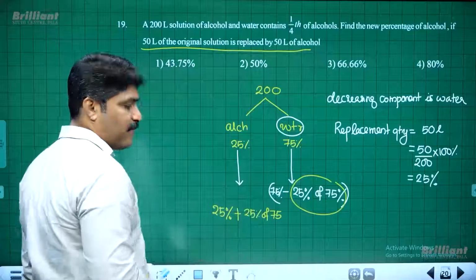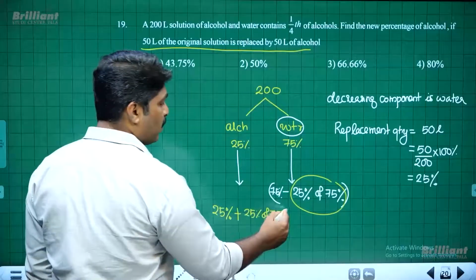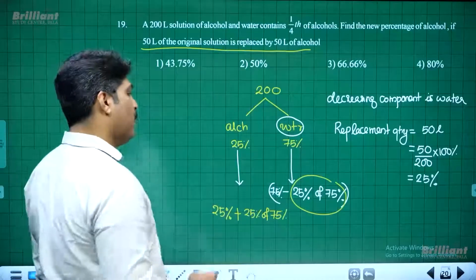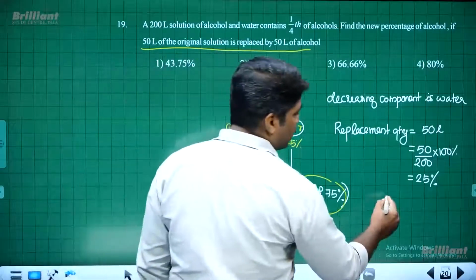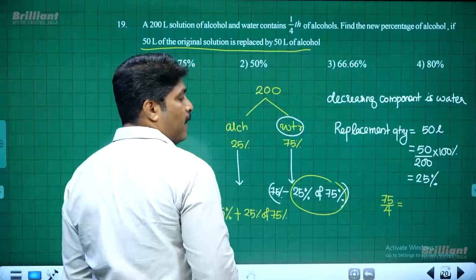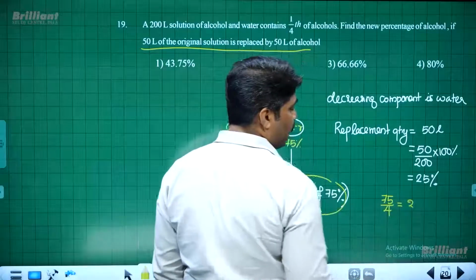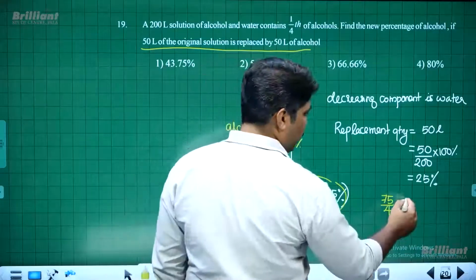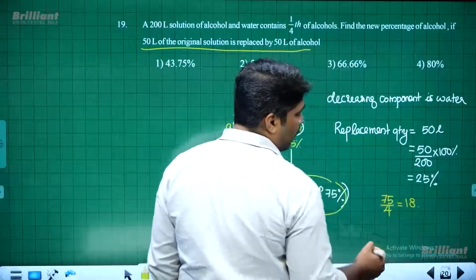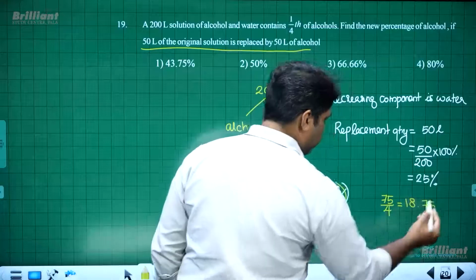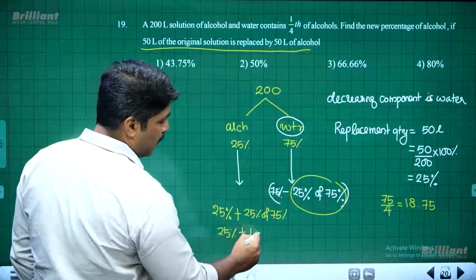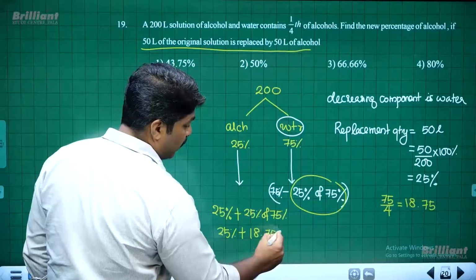That's a tricky type of concept. So what is 25% of 75%? That is nothing but 1/4 of 75, so 75 by 4. Simplifying this, 4 times 18 is 72, and the remainder 3 by 4 is 0.75, so that is 18.75%.